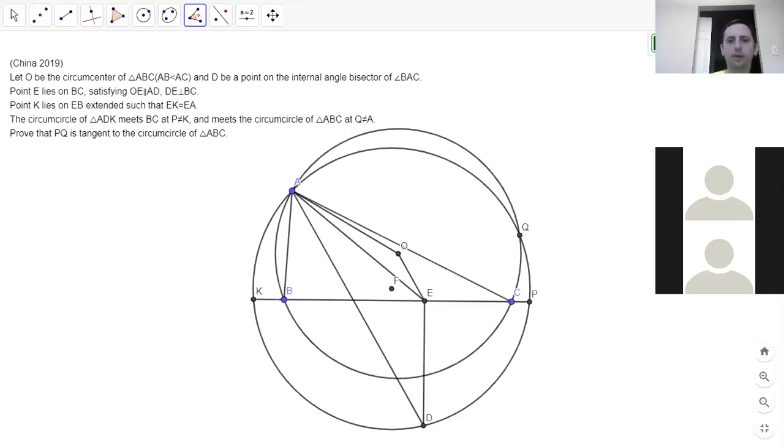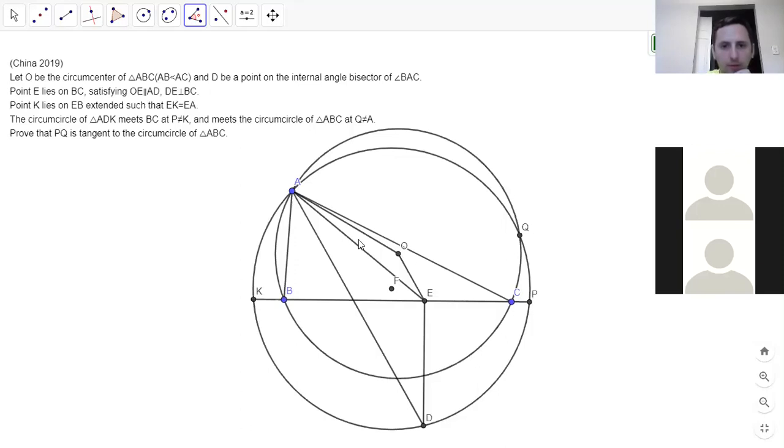So can we show ED is equal to the radius of ABC? Obvious. Oh yeah, okay. So DE is equal to OQ. That's what we were saying about the isosceles trapezoid. So yeah, one of the sides is equal. Can we show another thing is equal?